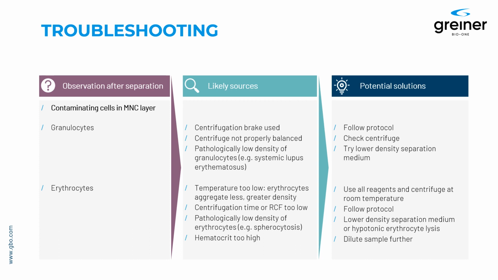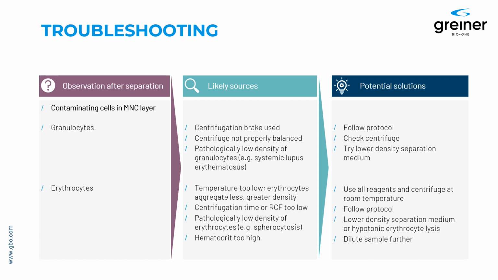Potential solutions are to follow, of course, the protocol, to check the centrifuge, and also to try a lower density separation medium to achieve a better resolution between these lower density granulocytes and the mononuclear cells.